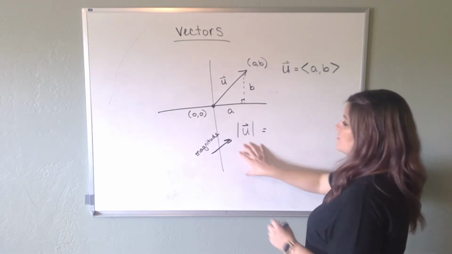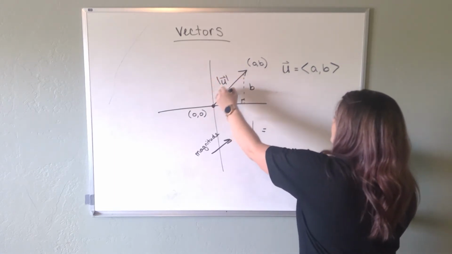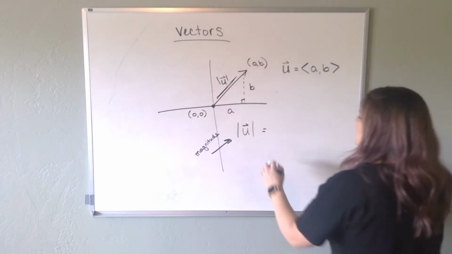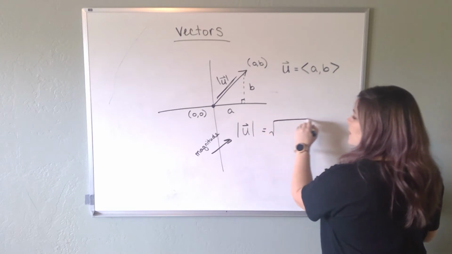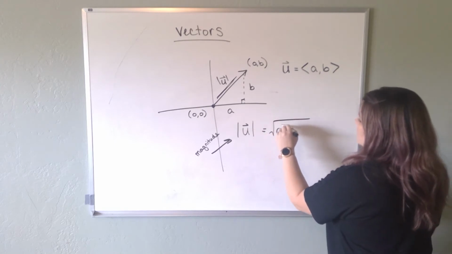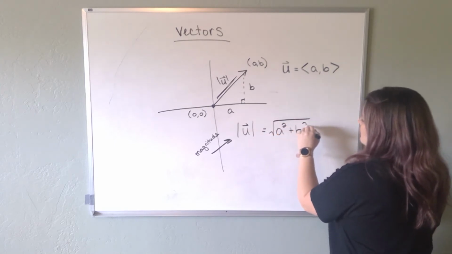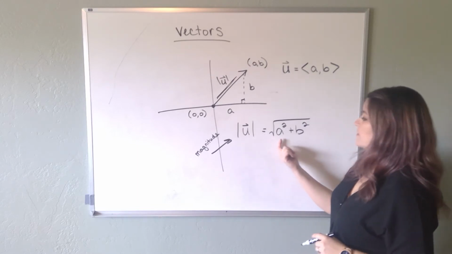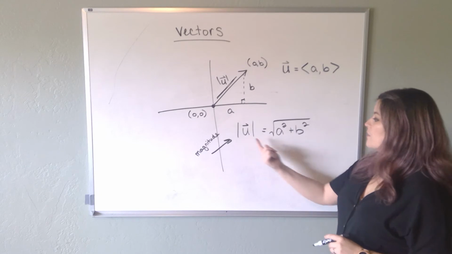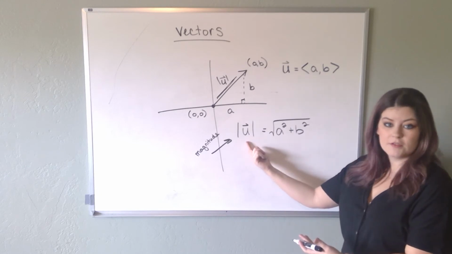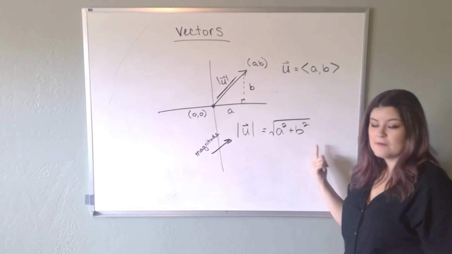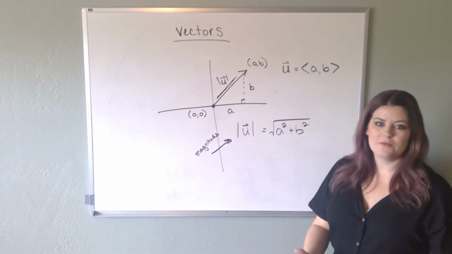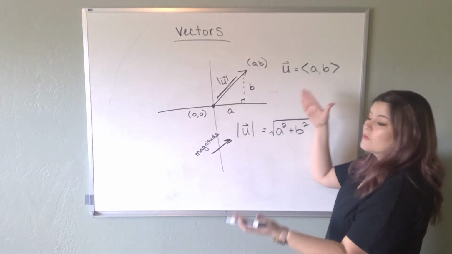The magnitude of u, the distance here, is the square root of, in this case, a squared plus b squared. So remember, if this was r and we had x and y, it'd be the square root of x squared plus y squared. Well, we're using vector notation and we're using a and b now, but it's still pretty easy to follow that this looks just like the ones that we've done before, looking for a certain length.